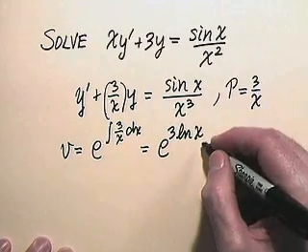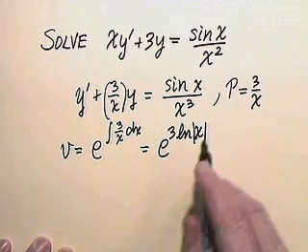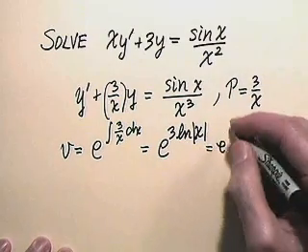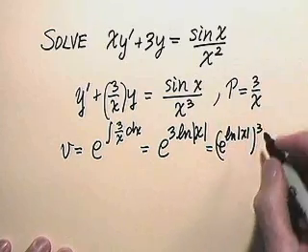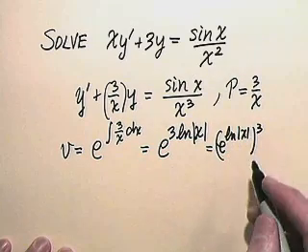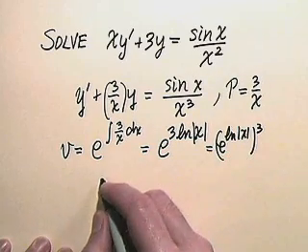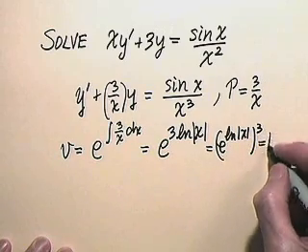Now, technically here I should put in an absolute value of x, and this would be equal to e to the ln absolute value of x, quantity cubed. E to the ln of any positive number is just that positive number, and so we get simply absolute value of x cubed.